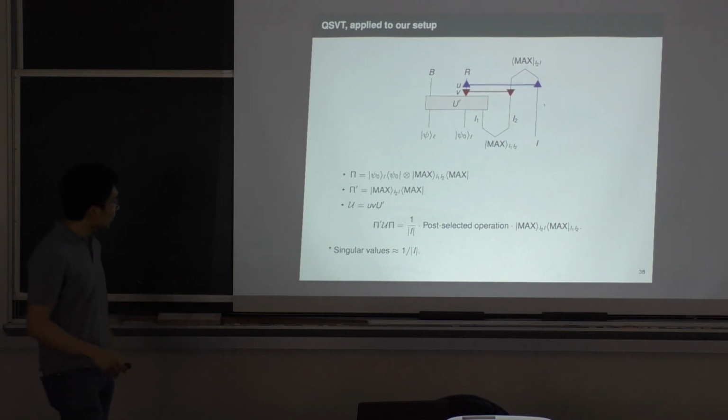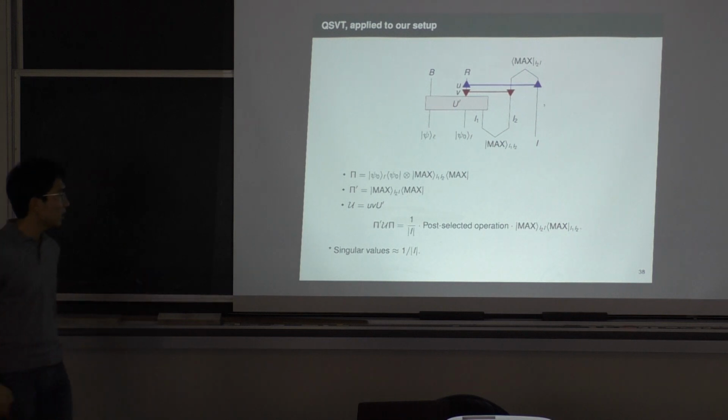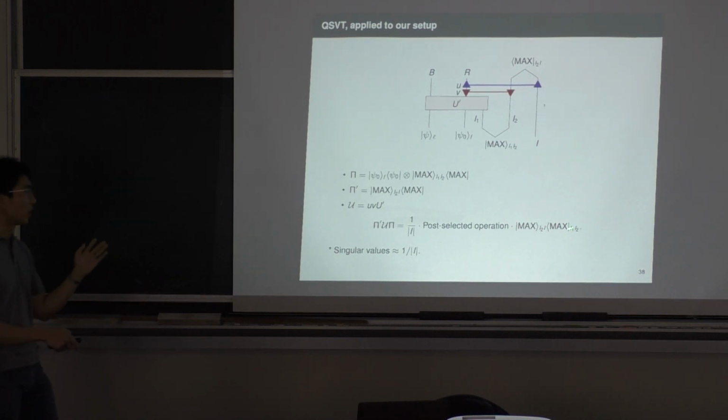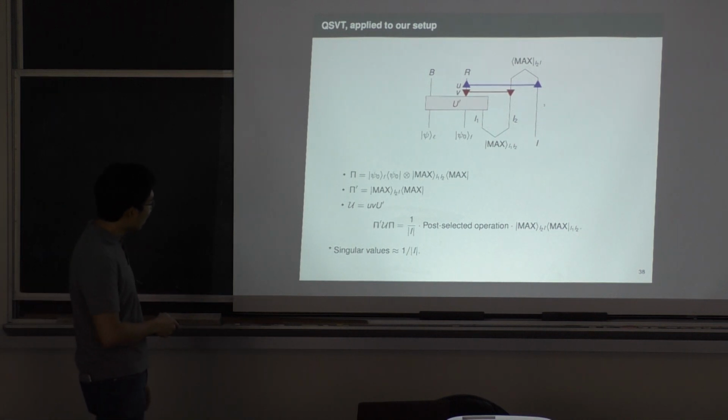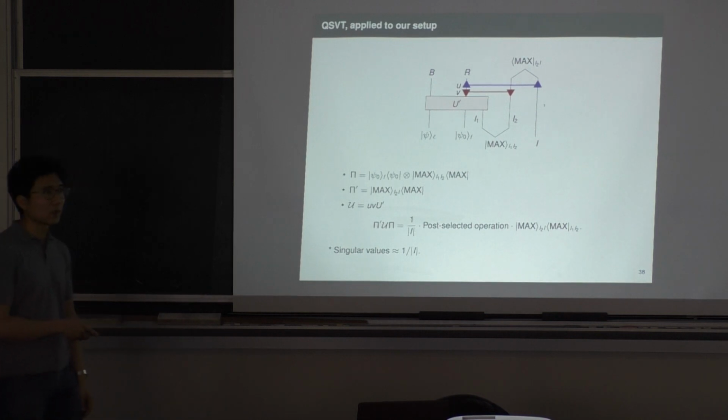So the easy calculus that you can do is that once you do this calculation, what you get is some normalization factor times the post-selected operation, the operation that we actually want, with some jump that we don't actually care about. So what we want to do is to change this 1 over I into essentially 1 to make this process a unitary process.